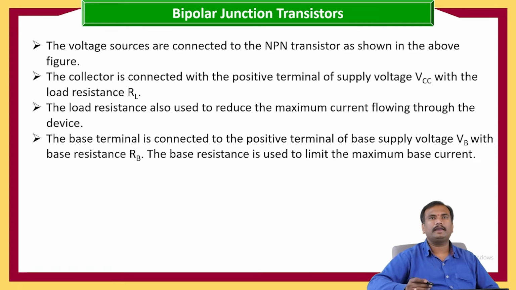The load resistance is also used to reduce the maximum current flowing through the device, and the base terminal is connected to the positive terminal of the base supply voltage with base resistance, and the base resistance is used to limit the maximum base current.